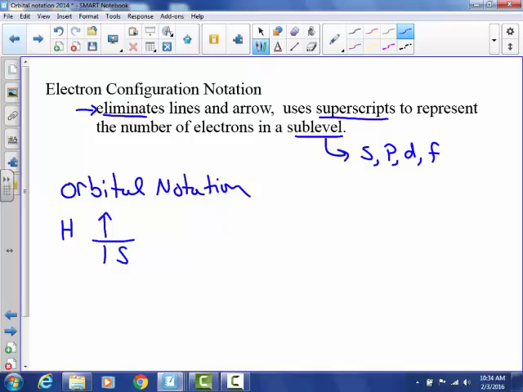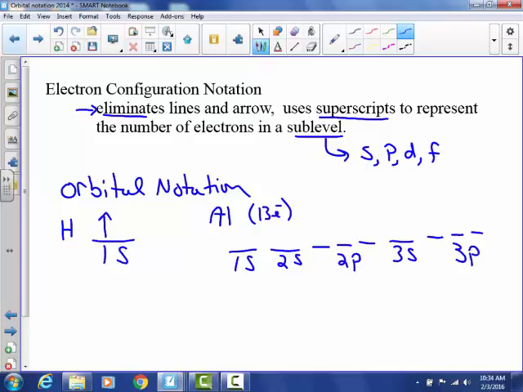If we get really big and we do something like aluminum, which has 13 electrons in it, we had to start at 1s, 2s, then we went to 2p, and then we went 3s, and then we went 3p.